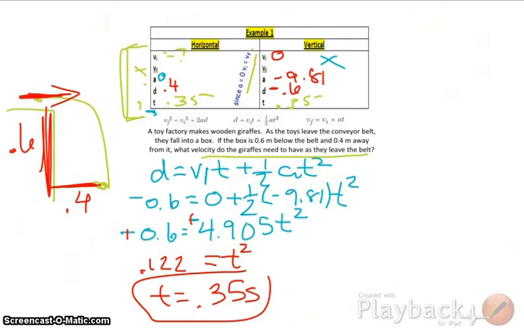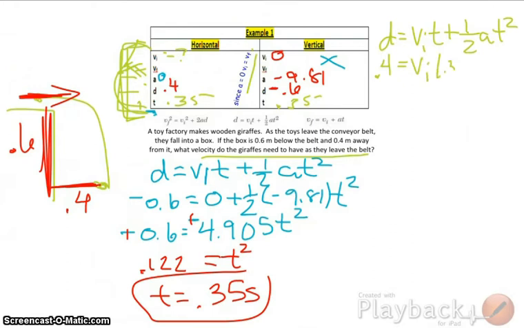Now that gives us enough information on this side to solve for VI. We know T, D, and A. VF is the one thing we don't know, don't want to know. So we use the equation without VF, which is the same equation, only in this case, we're solving for VI. So D equals VIT plus 1/2 AT squared. 0.4 equals VI, which we're solving for, times T, which is 0.35.